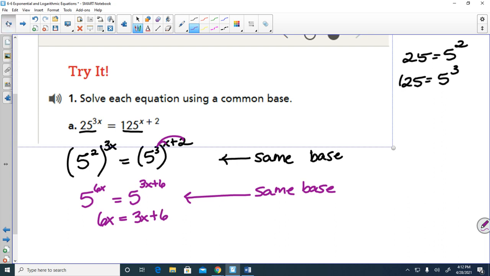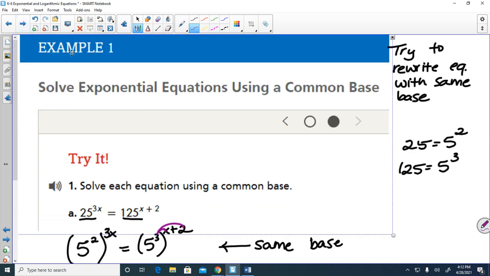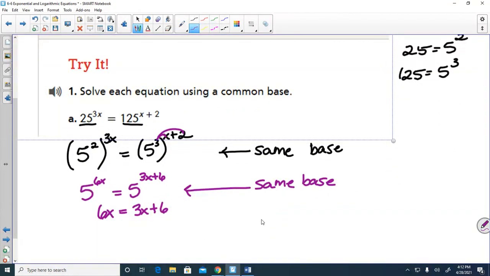And this is called the property of equality for equations. So if you have the same bases raised to different exponents, you can set the exponents equal to each other. I'm going to solve for x: subtract 3x on both sides, I get 3x equals 6, divide both sides by 3, and x is going to be 2.